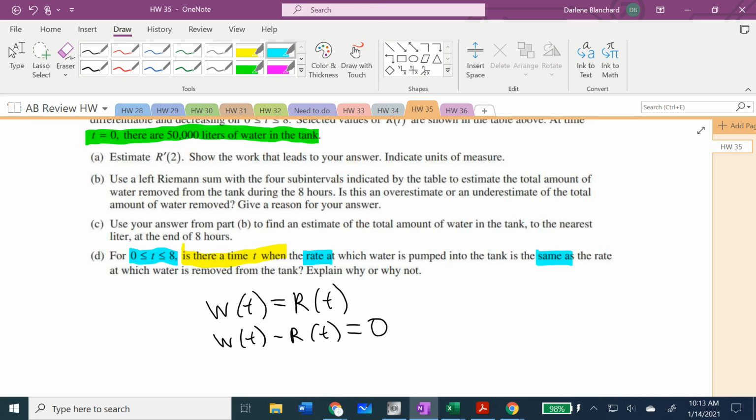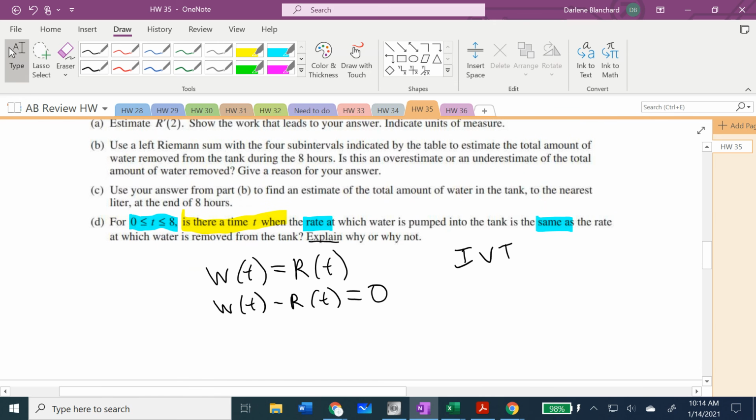This is intermediate value theorem. In order for you to explain your reasoning, you need to make sure that you state that you are using intermediate value theorem. You also need to state the conditions of intermediate value theorem. And those conditions are that you have a continuous function over a closed interval.